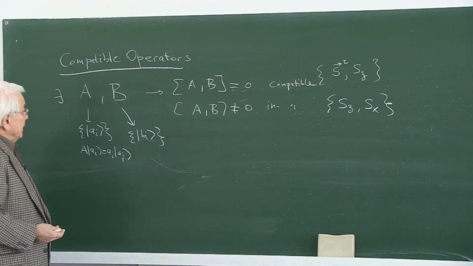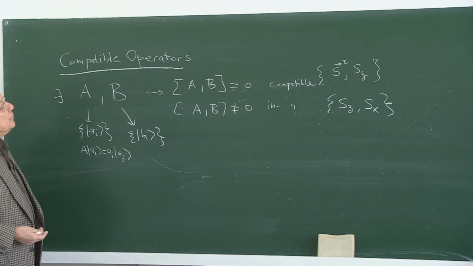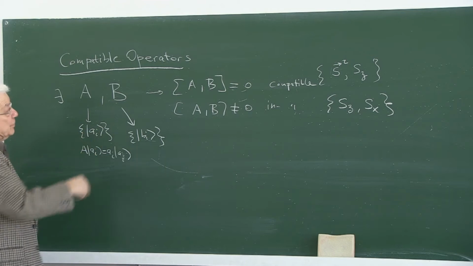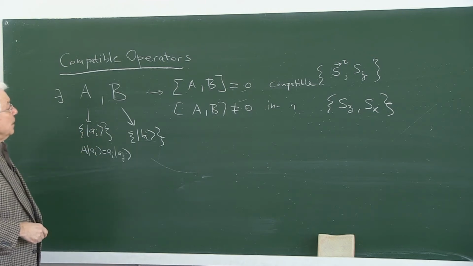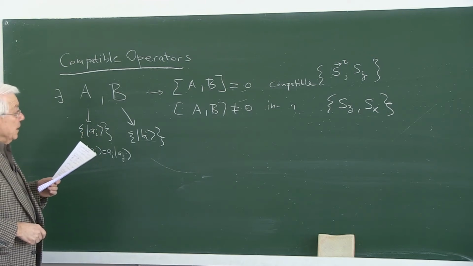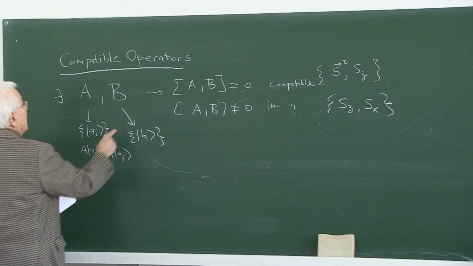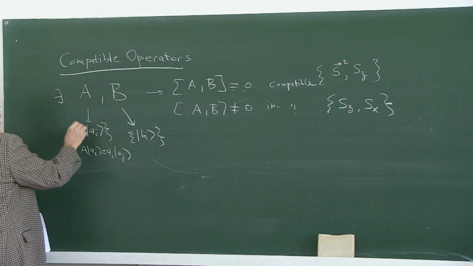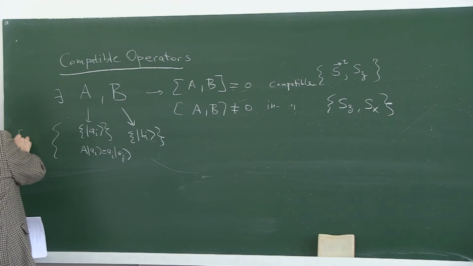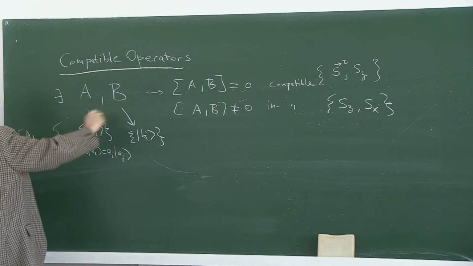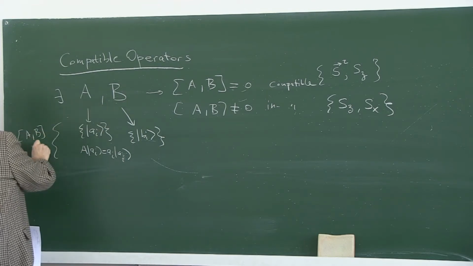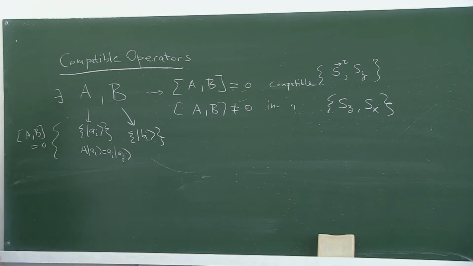Now, an interesting question in relationship with these compatible operators: I consider the case of compatible operators. That was just a definition. I proceed this discussion for the case of a compatible set of operators, and I ask the following question.